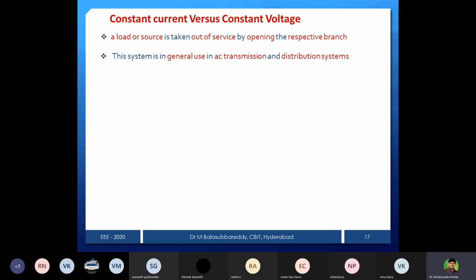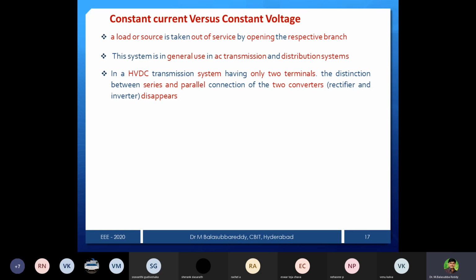This system is in general use in AC transmission and distribution also. In an HVDC transmission system, there are only two terminals, one positive terminal and another negative terminal. Whereas in AC transmission, you may have ABC phases, a neutral wire, all these things. But in DC transmission, we have only two terminals, even in some cases only one terminal.